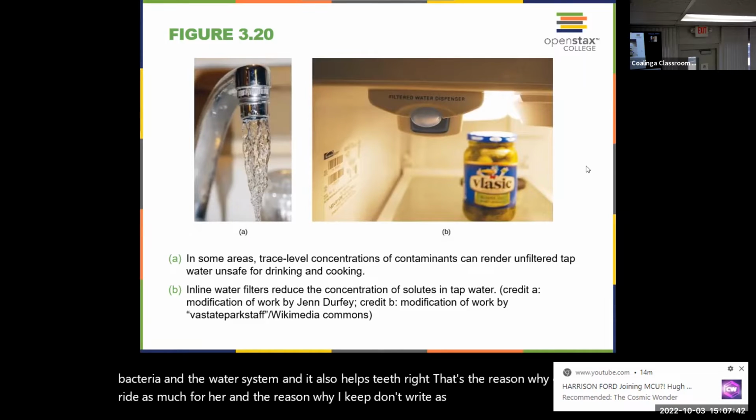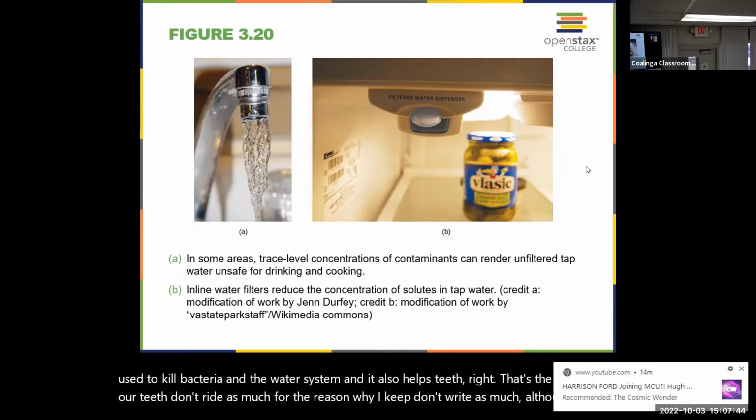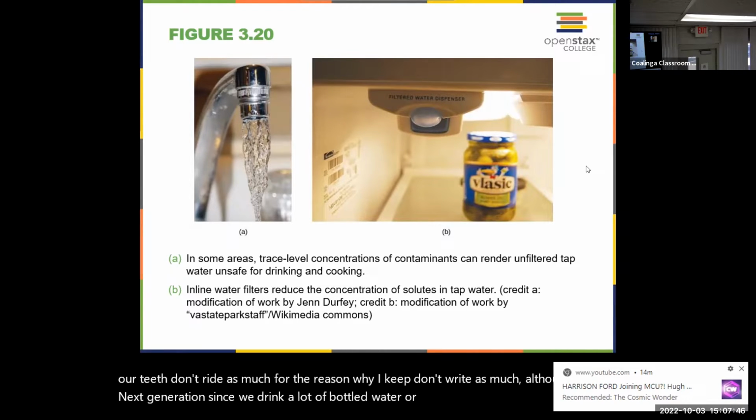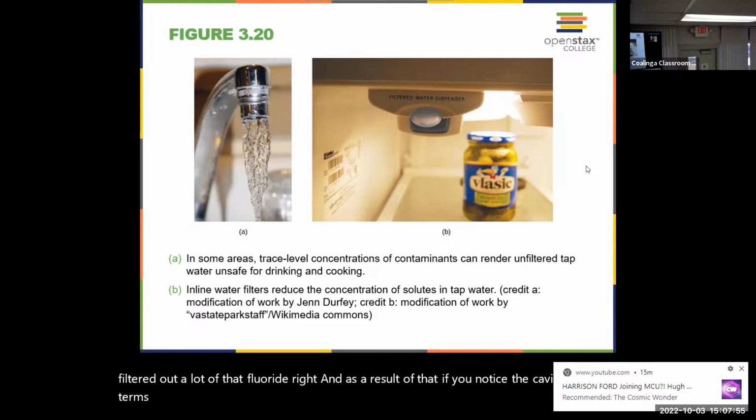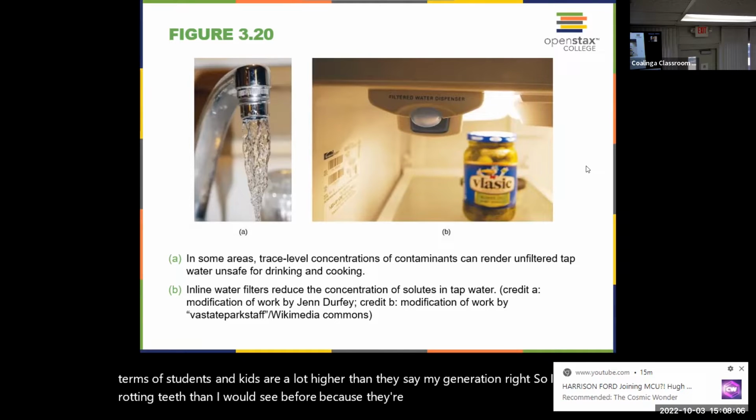Although our next generation, since we drink a lot of bottled, distilled, or filtered water, we're filtering out a lot of that fluoride. As a result, the cavity increase in students and kids is a lot higher than in my generation. I see a lot more rotting teeth than before, because they're not getting the fluoride in the bottled waters.